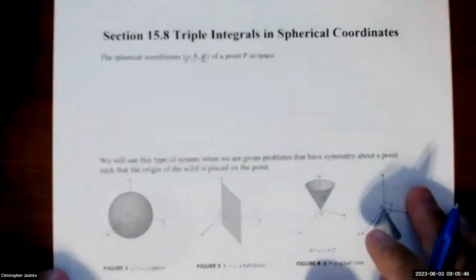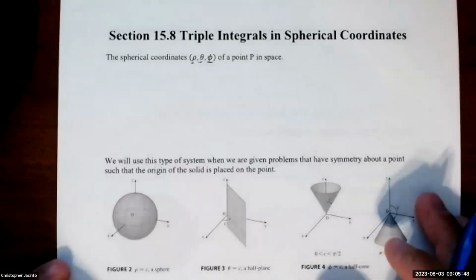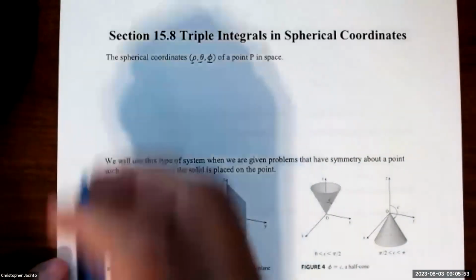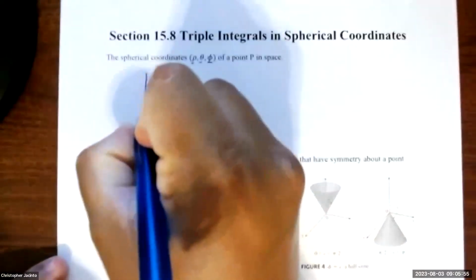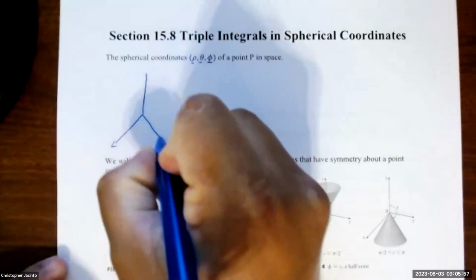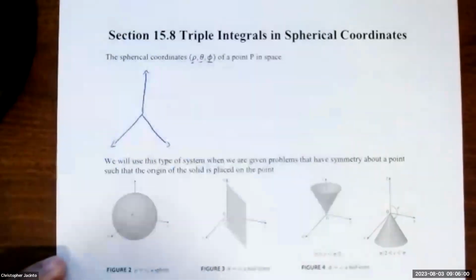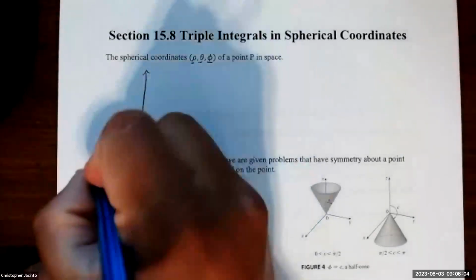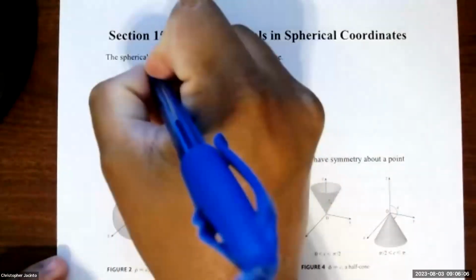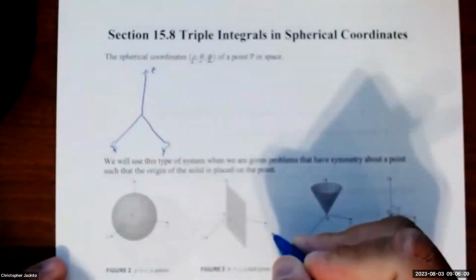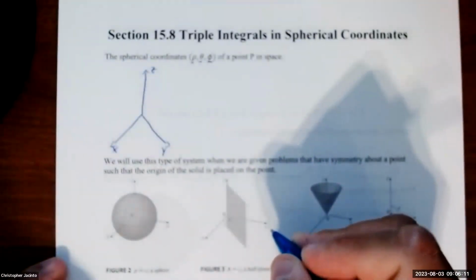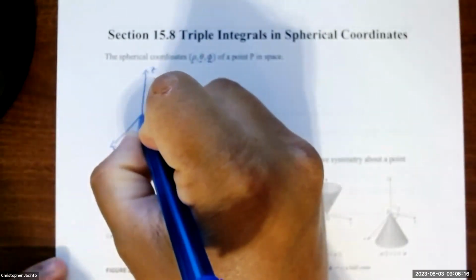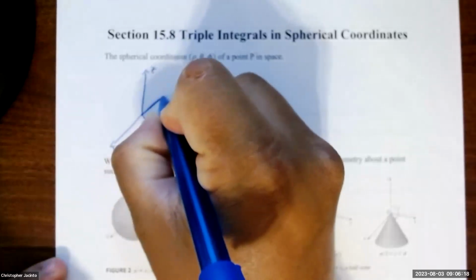Okay. Now, this is actually a very interesting way of using cylindrical coordinates because you're going to get a circle no matter what, or a type of circle. So how this works is, given the XYZ plane, I have a vector going from the center, let's say, to here.